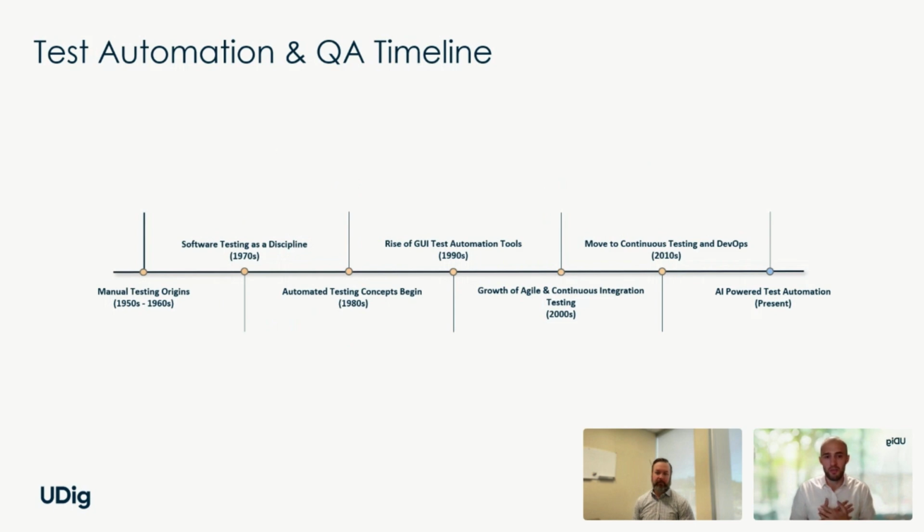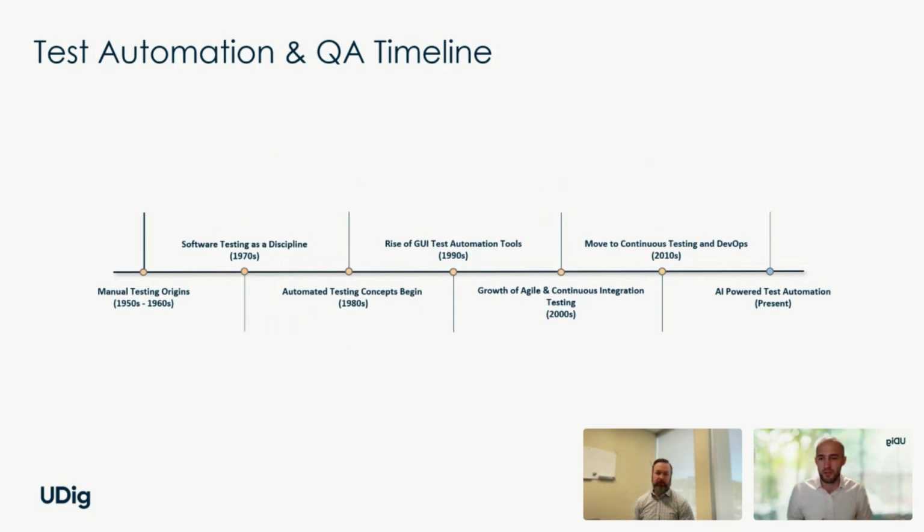One of the spaces we think AI can have a significant impact is the test automation and QA space. On the screen, you're seeing a snapshot of the history of test automation and quality assurance in software development. The discipline's rooted in the early days of computing, and it's evolved significantly alongside advances in programming, computer science and business needs.